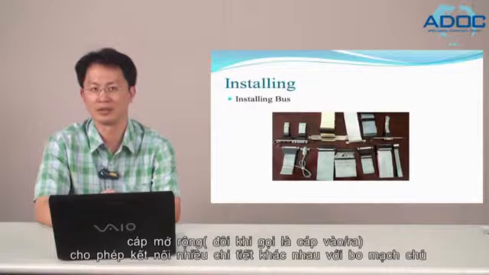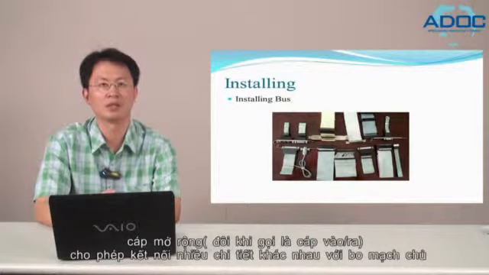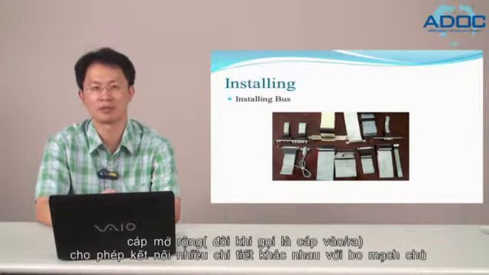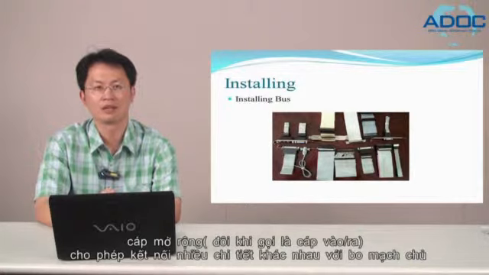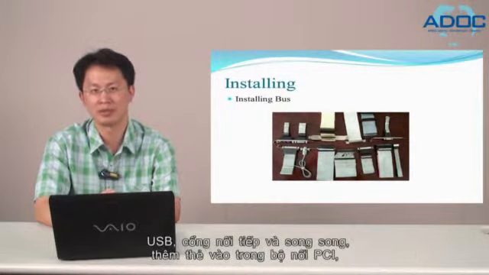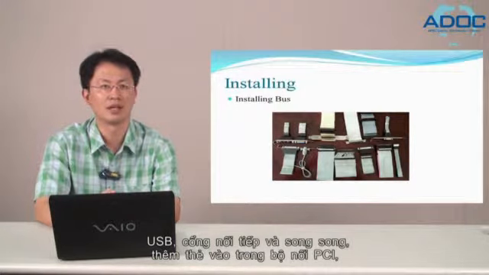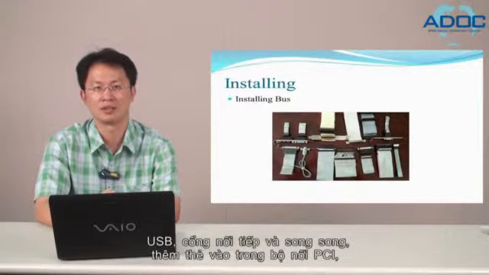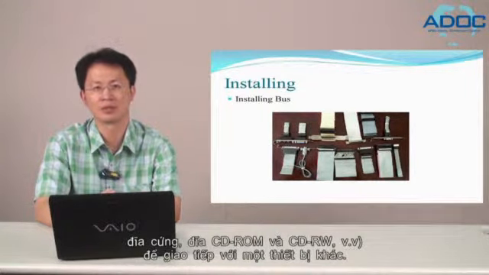The expansion bus, sometimes called the input-output bus, allows various motherboard components, USB, serials, and parallel port cards inserted in PCI connectors, hard drives, CD-ROMs, and CD-RW drives, etc., to communicate with one another.